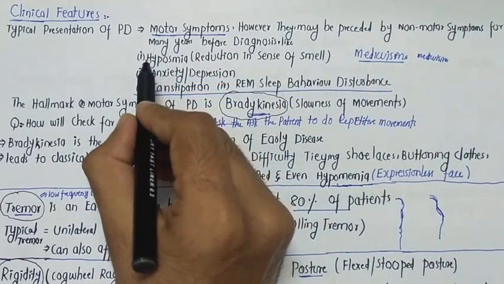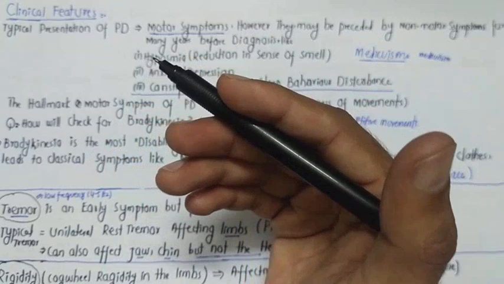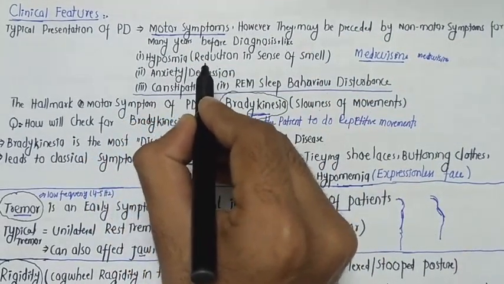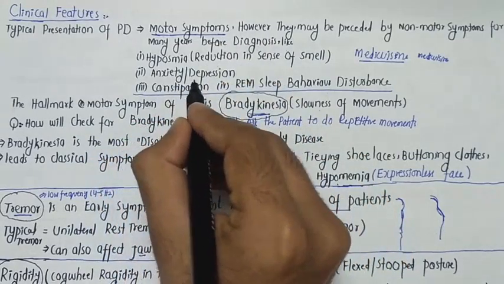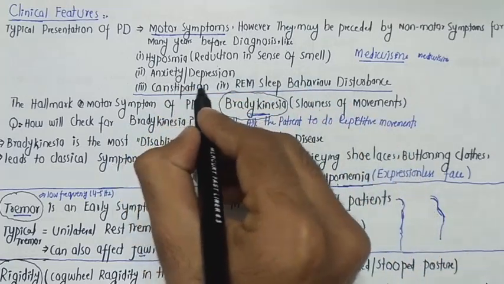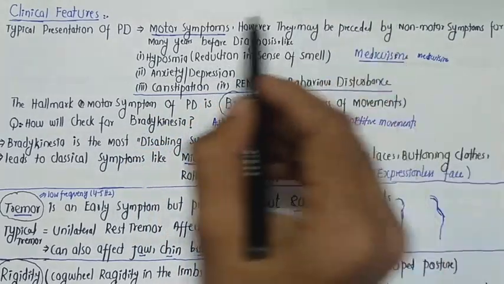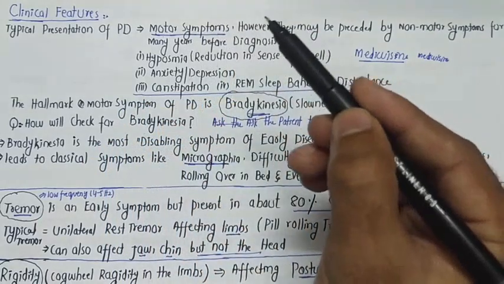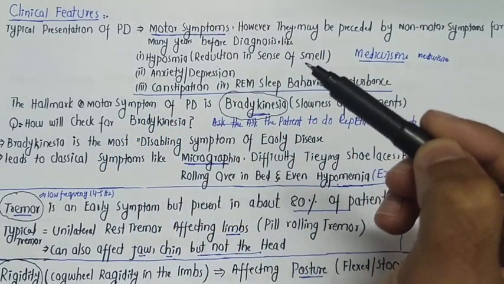These non-motor symptoms include hyposmia, which is a reduction in the sense of smell; anxiety or depression; constipation; and REM sleep behavior disturbance. So these are the non-motor symptoms which may precede the typical motor symptoms of Parkinson's disease, which are 4 in number: bradykinesia, tremor, rigidity, postural instability.